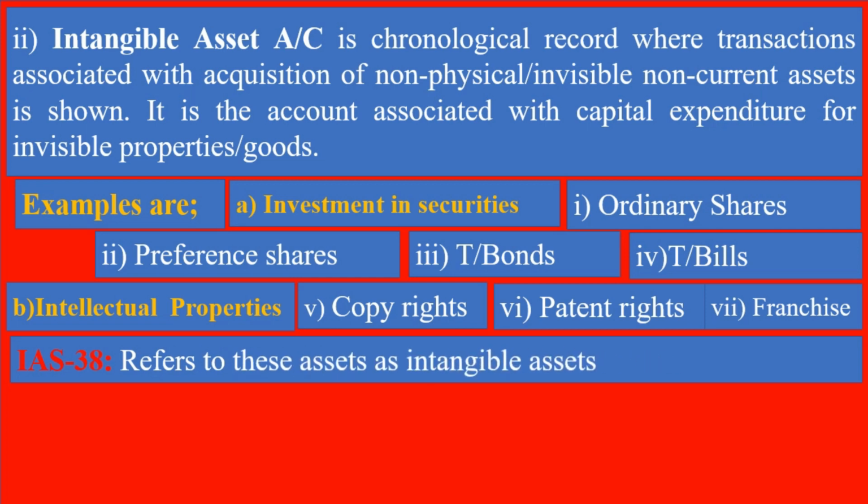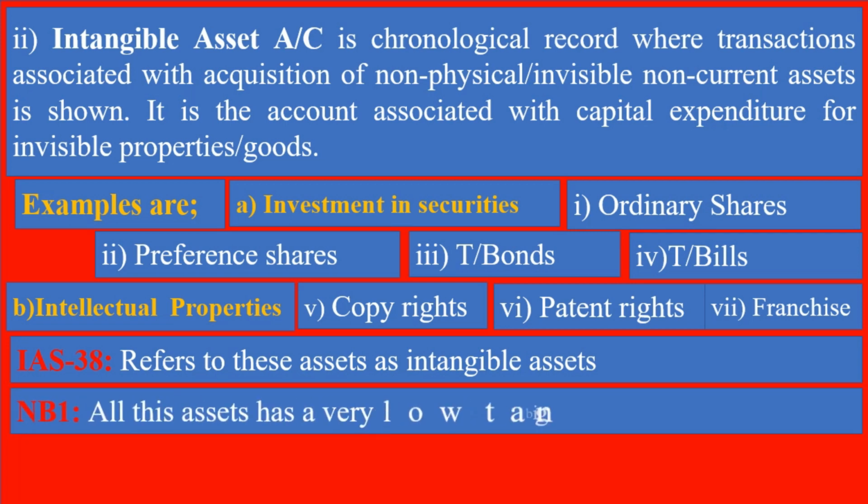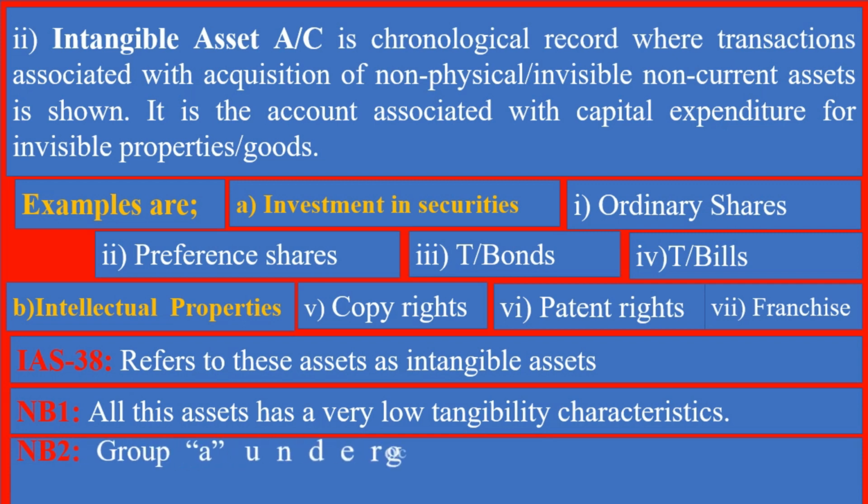According to International Accounting Standard number 38, that is IAS 38, these kinds of assets are referred to as intangible assets. Note the following. One, all these assets have very low tangibility characteristics. In other words, they are not tangible assets.